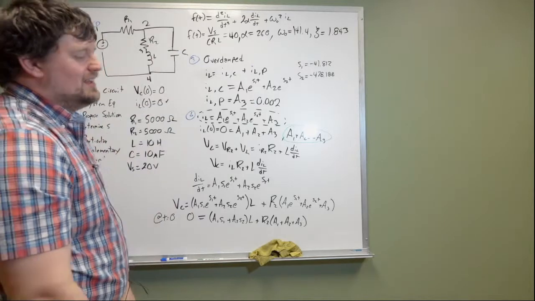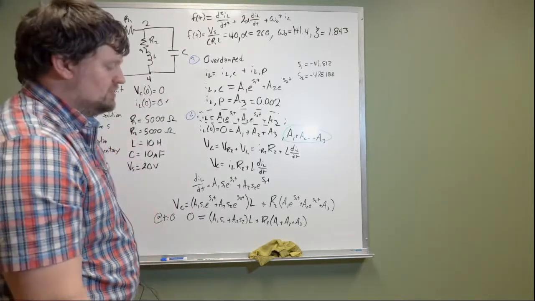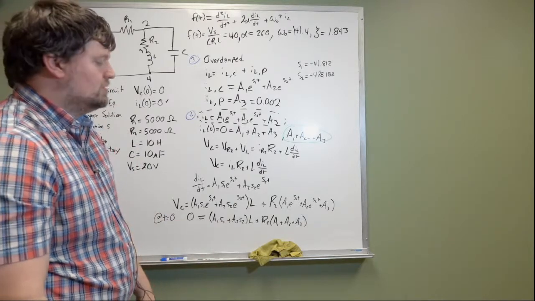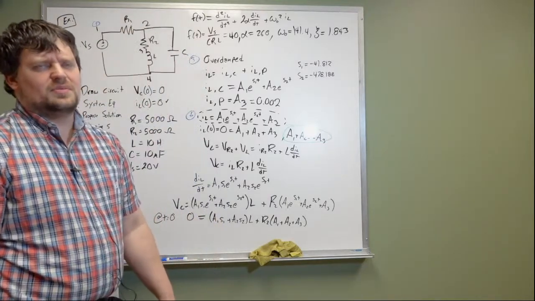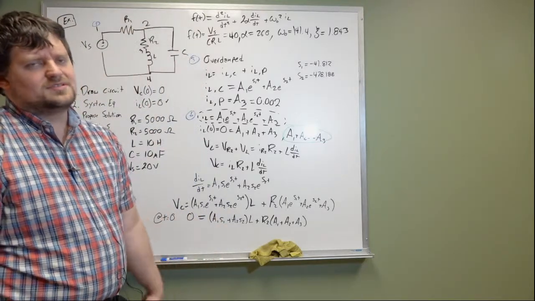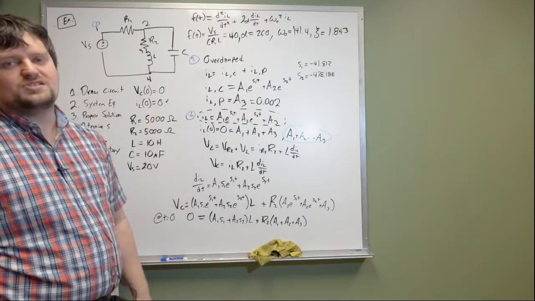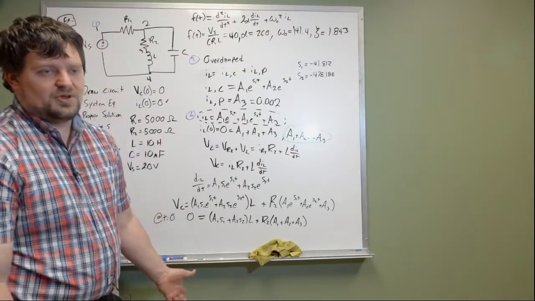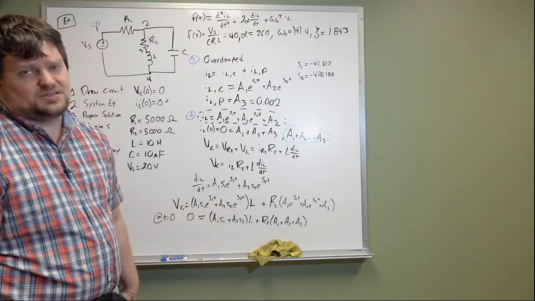This is why I said most of the time these types of circuits are going to be solved using nodal voltage analysis or mesh current analysis. It's because this stuff starts to get really gross really quickly. And if you can just plug a system of equations into a solver, it'll find a numerical solution, and it's much, much cleaner than doing it this way.